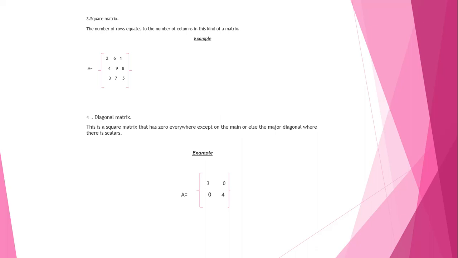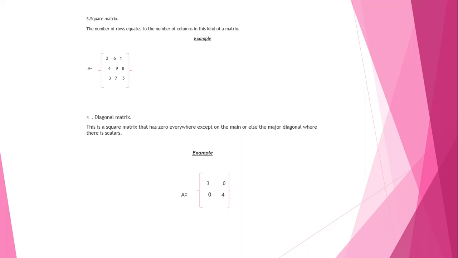Then type number 4 that I've also highlighted is the diagonal matrix. This is a kind of matrix that has 0 everywhere except on the main, or else the major, diagonal where there are scalars. Now check on this. On a matrix there are normally diagonals, and we've got the major diagonal and the minor diagonal.